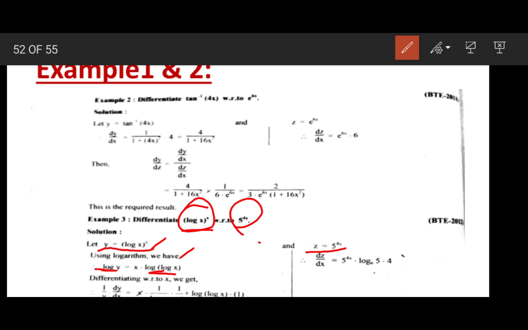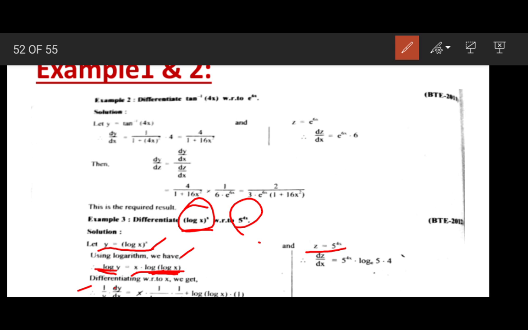Now differentiating this with respect to x, derivative of log y will be 1 upon y dy upon dx. That is equal to x into log log x. So x is u and log log x will be v. So apply u into v rule. So x into derivative of log log x.